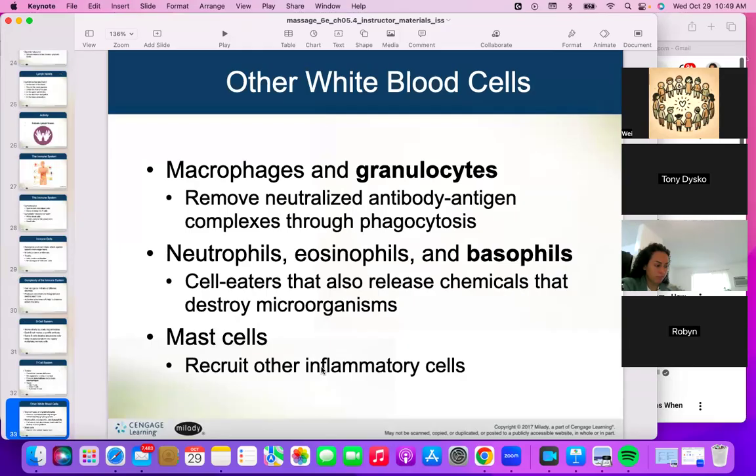Okay, more white blood cells. All these names are white blood cells, just with different specialties. The macrophages and the granulocytes remove neutralized, meaning de-armed, antibody-antigen complexes and organisms through phagocytosis. Phagocytosis is a process of eliminating pathogens, which get engulfed and digested.